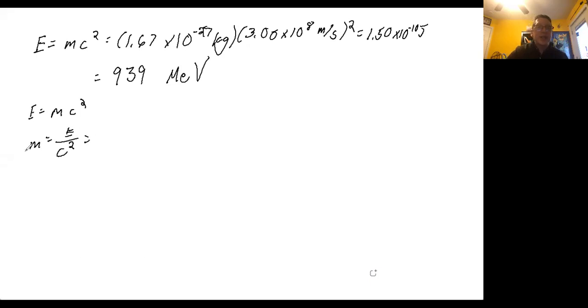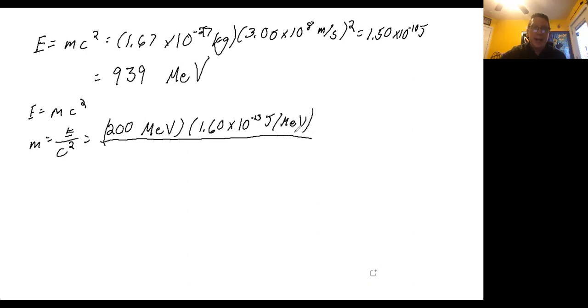So the energy is 200 mega electron volts, and you multiply that by 1.60 times 10 to the negative 13 to get joules per mega electron volt. And again, you're dividing by c squared. So that's 3.00 times 10 to the 8 meters per second.